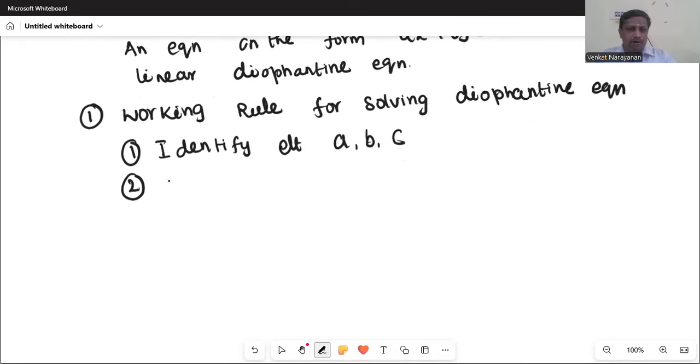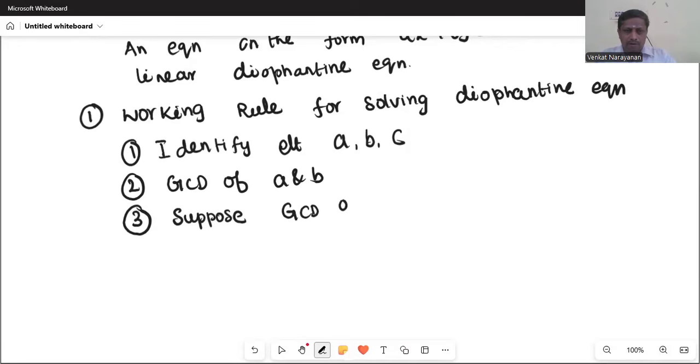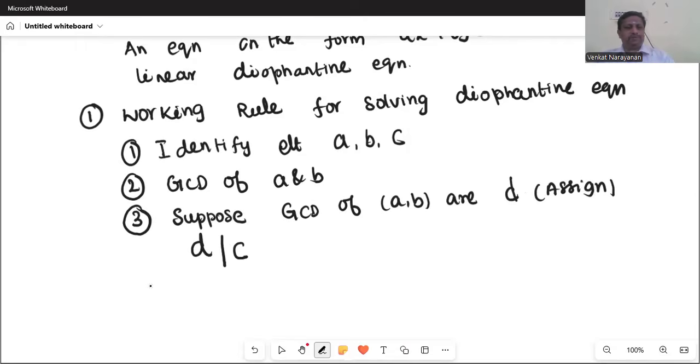Second, find the GCD of a and b. Third, suppose the GCD of a and b is d. Then d must divide c.